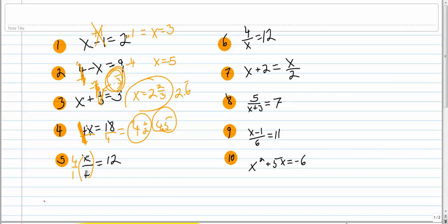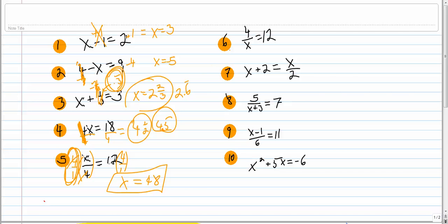But the 4 cancels out, so we've got x equals, but if we multiplied this side by 4 over 1, we've also got to multiply this side by 4 over 1. And so 12 times 4 is 48 over 1. That's just 48. Okay, so half done.